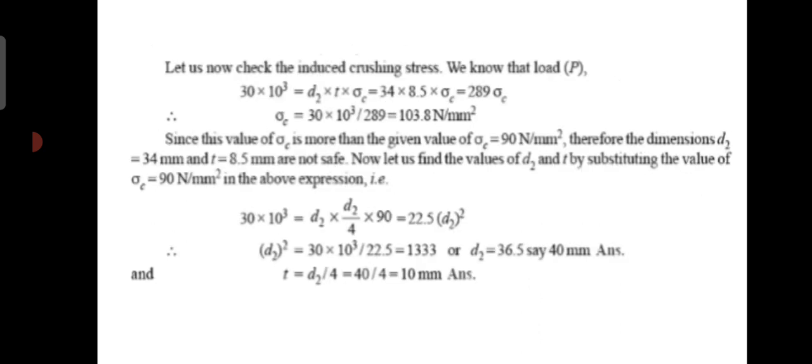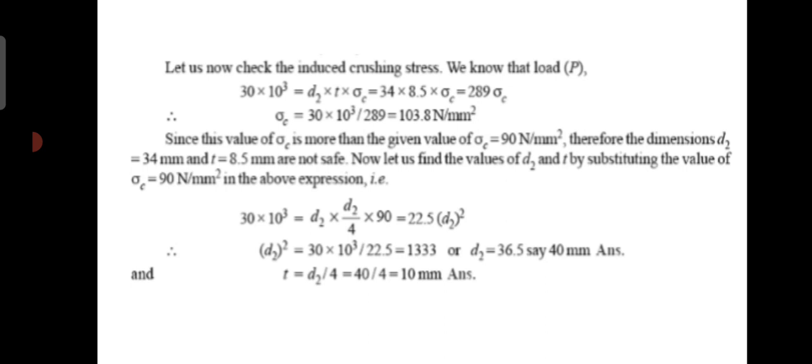Let us now check the induced crushing stress. We know that load P equals d2 into t into sigma c. Except sigma c, the remaining values we know: P equal to 30 into 10 to the power 3, d2 is 34, small t is 8.5. If we simplify this, we get crushing stress sigma c equal to 103.8 newton per millimeter square.